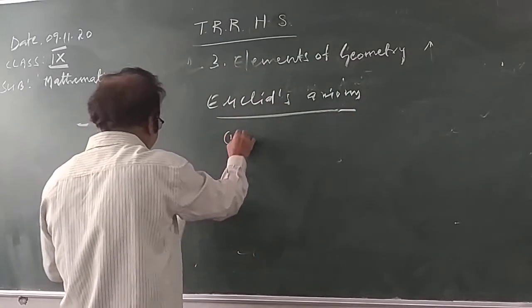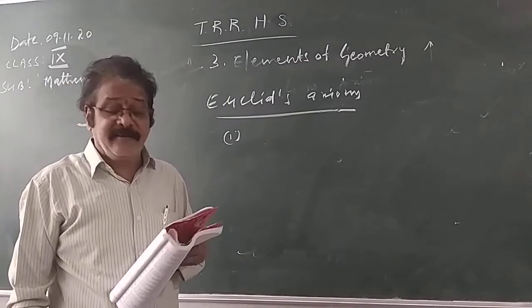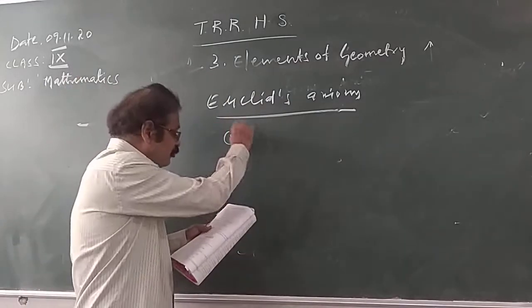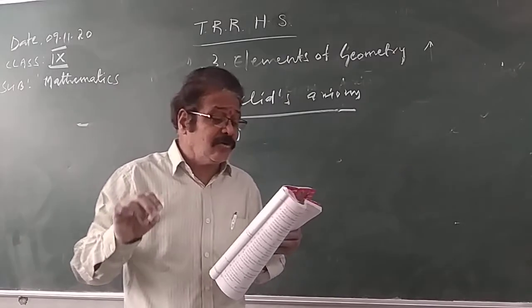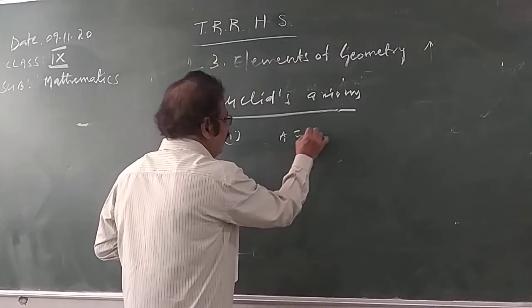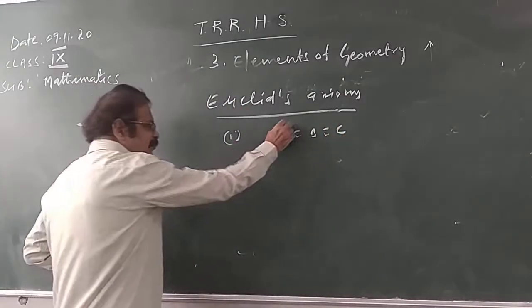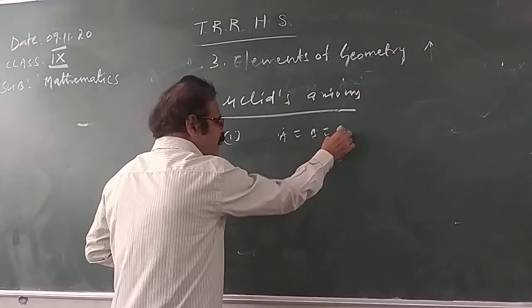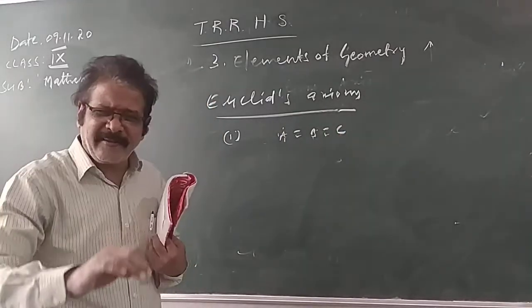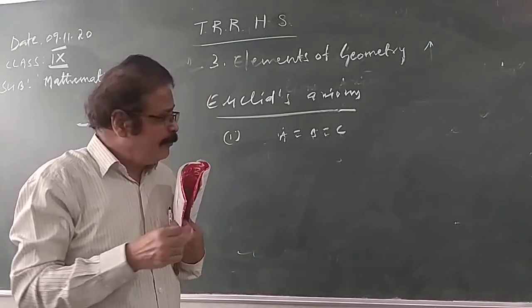The first axiom of Euclid is: things which are equal to the same thing are equal to one another. Things are there: A equal to B equal to C. So when A equals B equals C, A equals C, or A equals B, or B equals C. A, B, C are equal to one another.